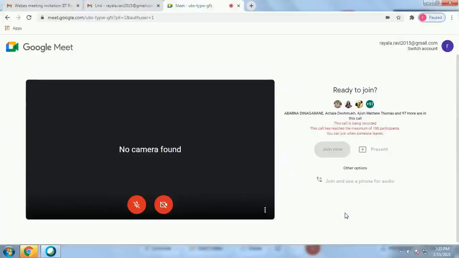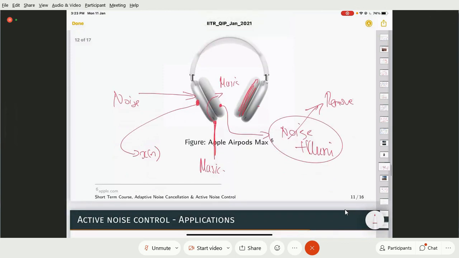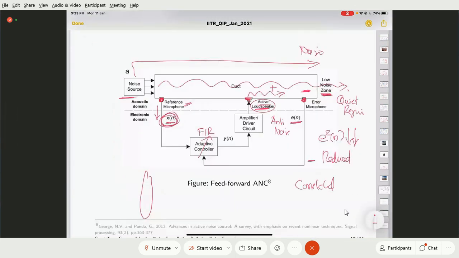Now this is my setup. This is how an ANC is going to be implemented. Now, what we will need to find out is what algorithm should we use over here so that the noise can be reduced. So we are interested in the algorithm which is going to be implemented over here.